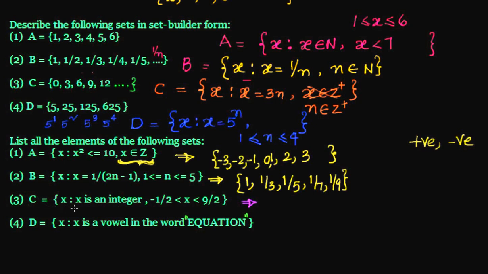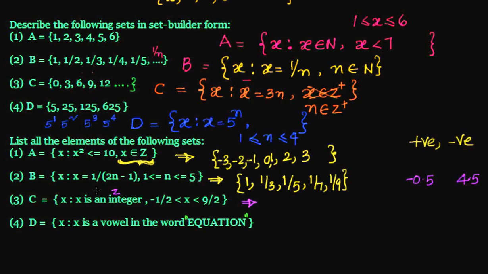C is a set of all the values of x such that x is an integer, that's good, and x is between minus 1 by 2 and 9 by 2. First of all, let us see what is minus 1 by 2, minus 0.5, and what is 9 by 2, 4.5. Minus 0.5 and 4.5, what are the integers?